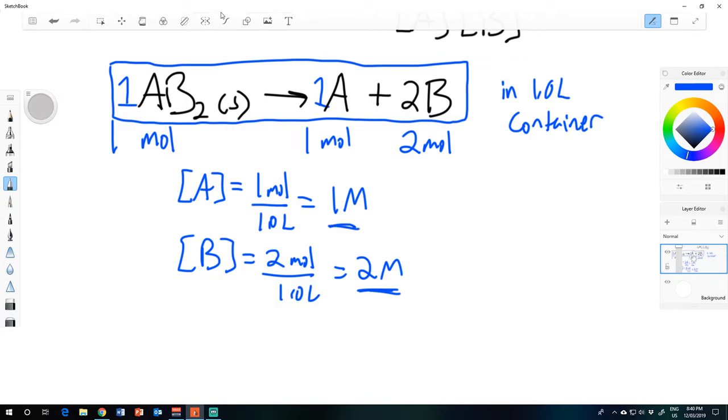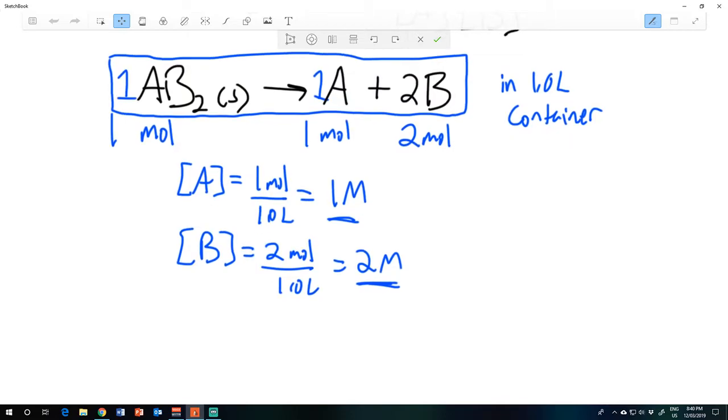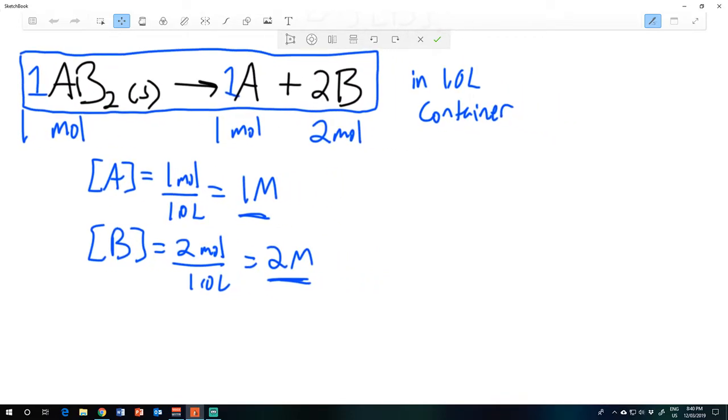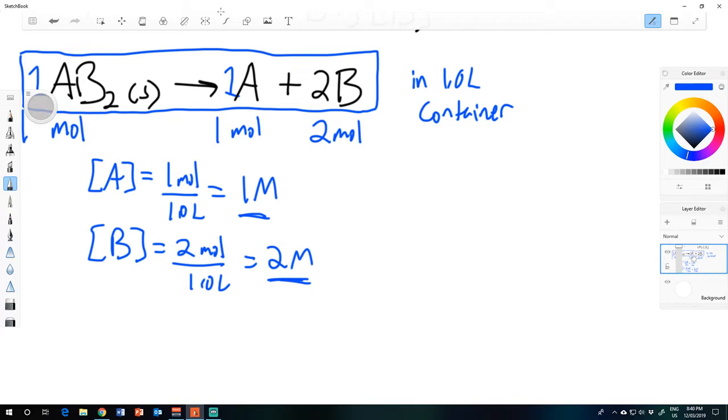Now in our equilibrium, let's see if I can have enough room here for this. If this was an equilibrium like this, the equilibrium expression would be written as follows: Keq equals the concentration of products.